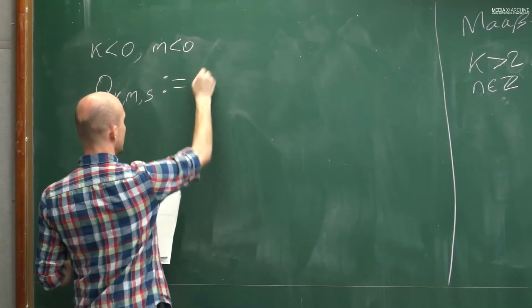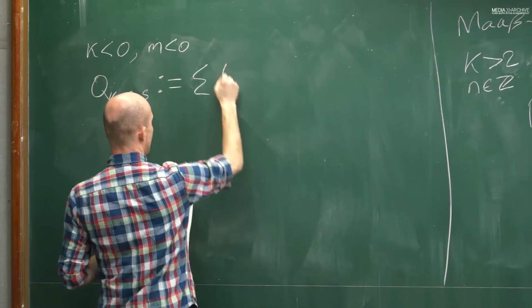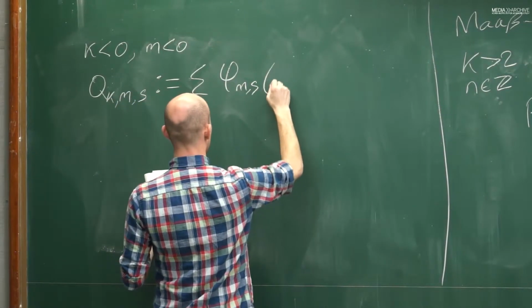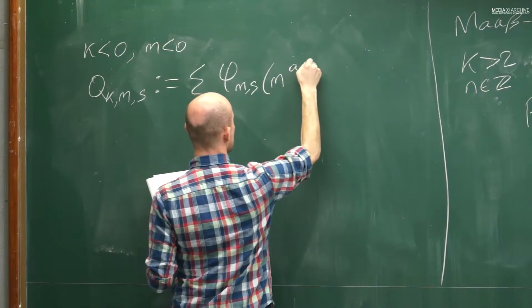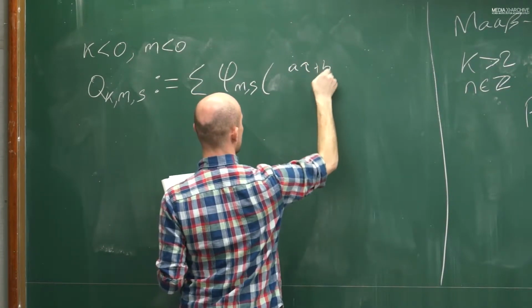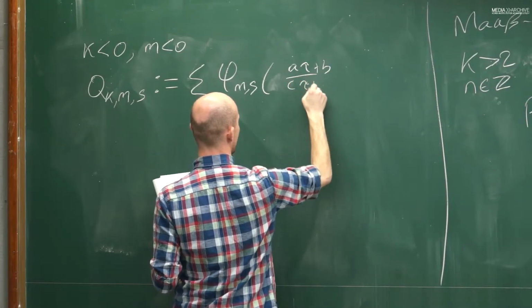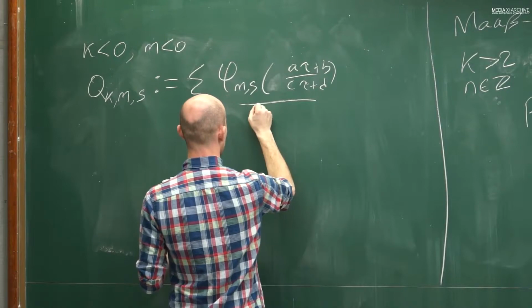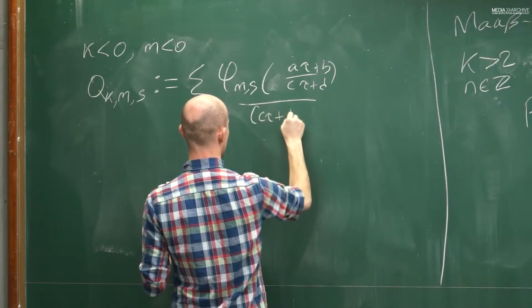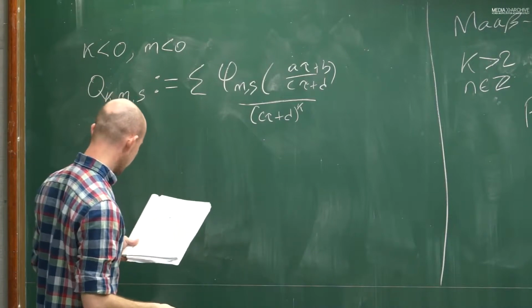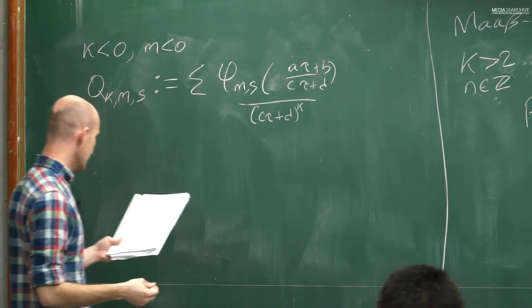This is going to be this averaging of phi of m,s of (a tau plus b over c tau plus d), times (c tau plus d) to the k. And this will converge absolutely.